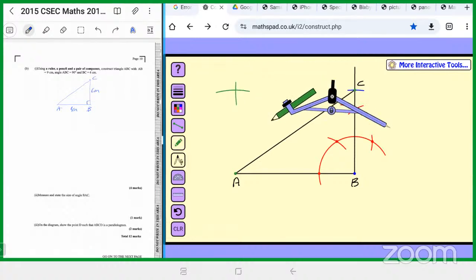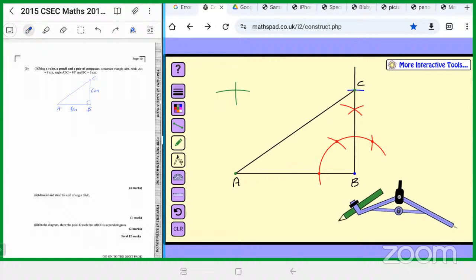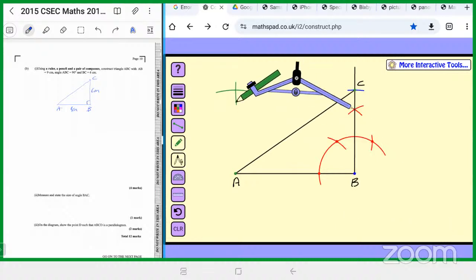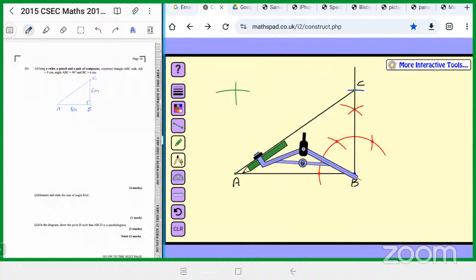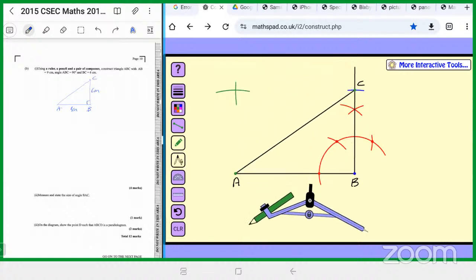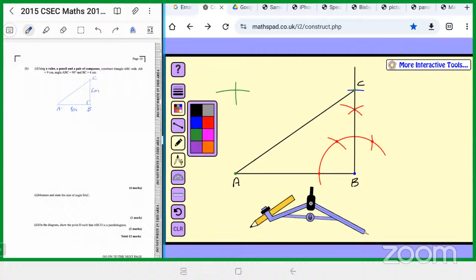That intersection is 9. So this length across here is 9, same as down here. That's our parallelogram. So now draw a straight line through there. Go back for the black, and draw a straight line from this point to here.